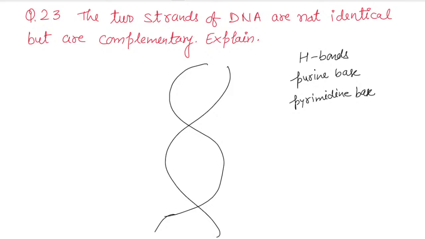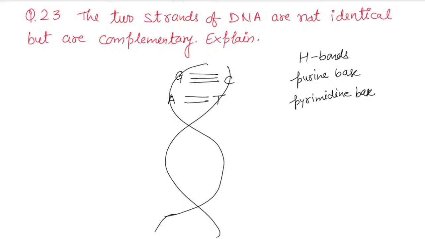And because of different sizes and geometry of the bases, the only possible pairing in DNA is G and C, and A and T. Between G and C there are 3 hydrogen bonds, and between A and T there are 2 hydrogen bonds.